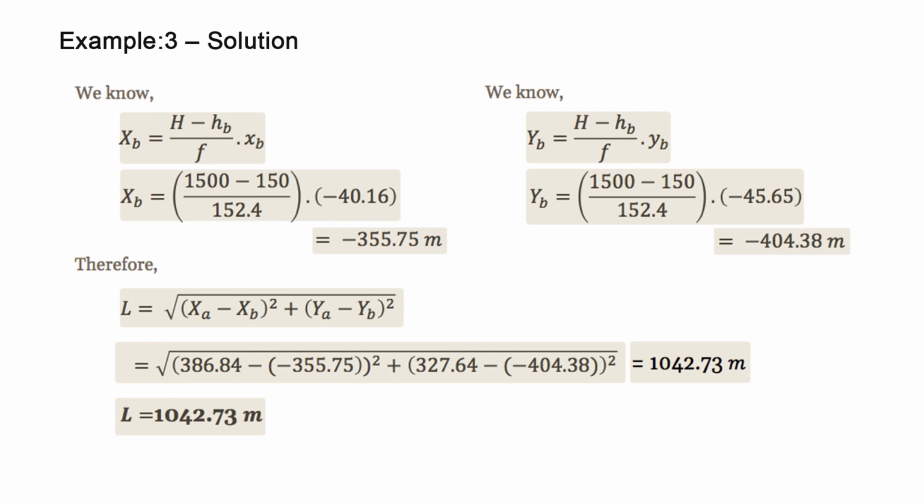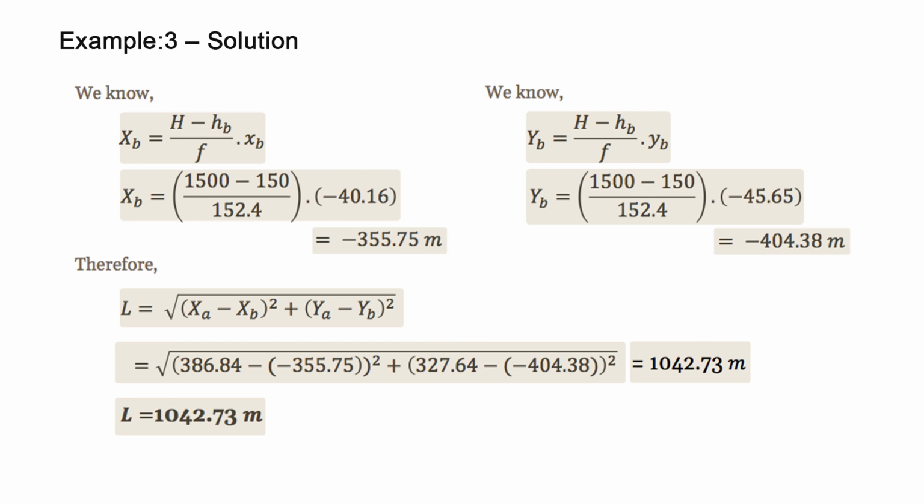So, what we understand from the problem statement is the elevation of points A and B are 200 meter and 150 meter above the datum, and the flying height is 1500 meter. The focal length of the camera is 152.4 mm, and we need to determine the ground coordinates of A and B and then compute the horizontal length of the line AB.